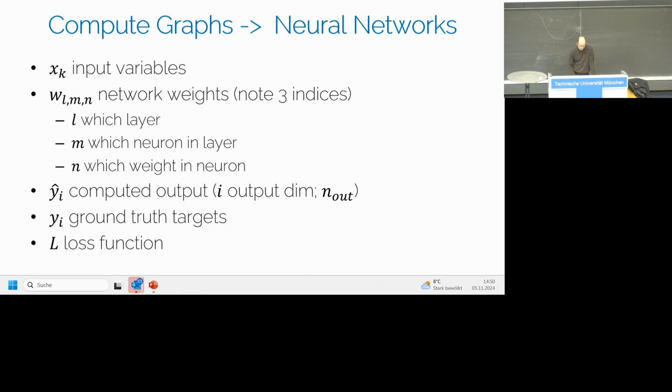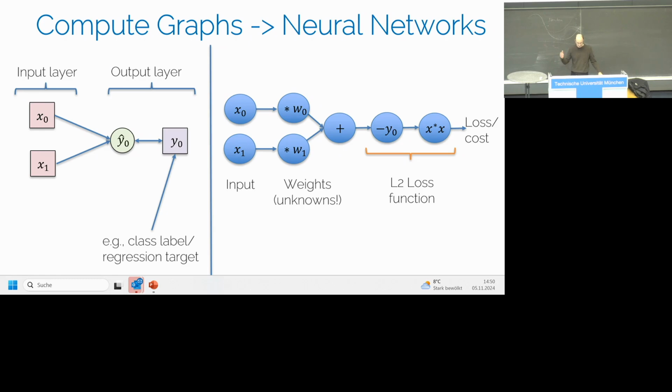And then these weights can have indices L, M, N. That is the weight that weights the mth neuron in layer L, and that is multiplying the input N, right? And so this is a set of weights here. We could have respective biases as well, but for now, initially we'll leave out the biases and just focus on the weights. And then we have the prediction y hat, and yi is the ground truth, and L is the loss function that measures the discrepancy, for example, in a mean square error fashion, if you will.